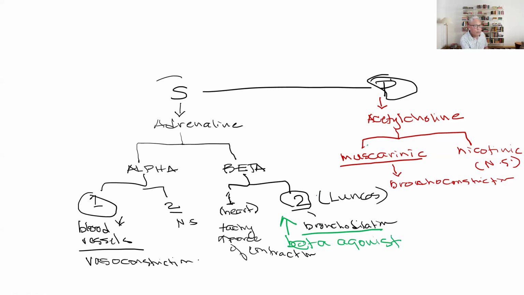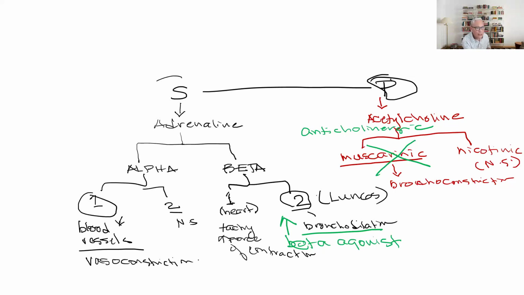And we want to block this effect, and therefore this is what's called an anti-muscarinic or anticholinergic. Okay, so do you understand now why we use beta agonists and we use anticholinergic agents?